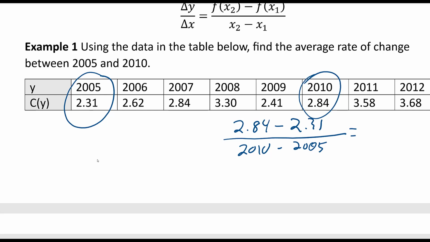So it looks like we're at 0.53 divided by 5, which would be, let me get my handy dandy calculator out here, 0.106. That's it.